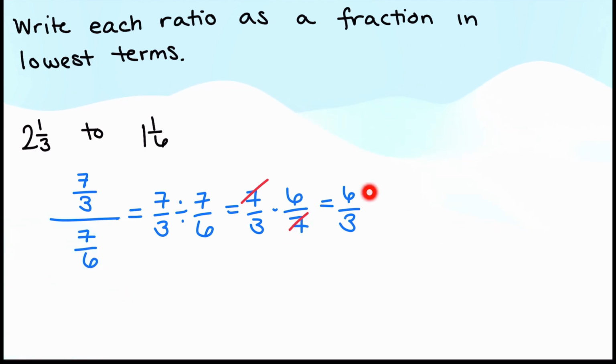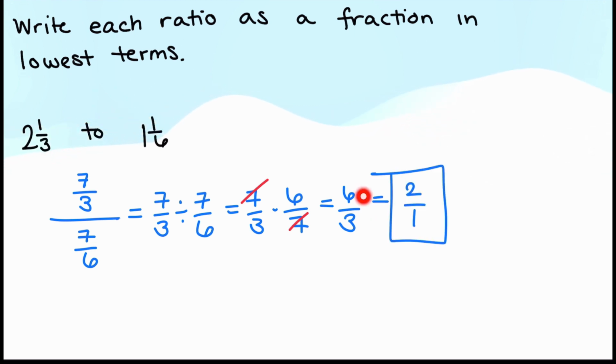And then I'm left with 6 over 3. And we can reduce this further. Both of these numbers are divisible by 3. 6 divided by 3 is 2. 3 divided by 3 is 1. And this ratio becomes 2 to 1. So 2 1/3 to 1 1/6 is equivalent to the ratio 2 to 1.